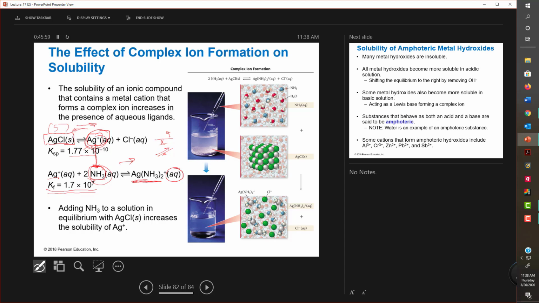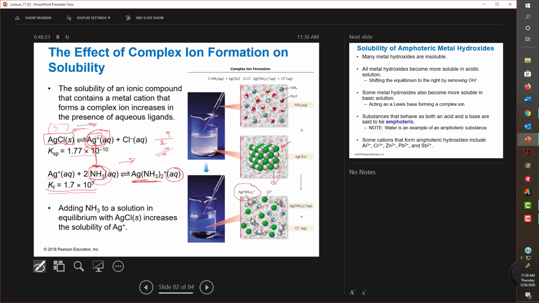So that's what I want you to know about complex ion formation. A lot of times you're looking for a precipitate. Here it is. Here's the precipitate. But because you've introduced ammonia, and maybe too much ammonia, you form the ammonium complex, and that binds the silver, and so more of this has to dissolve to make up for that loss of silver ion.